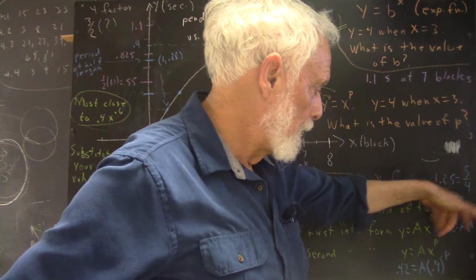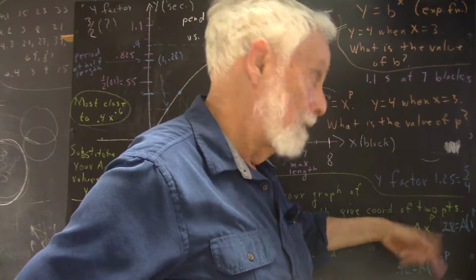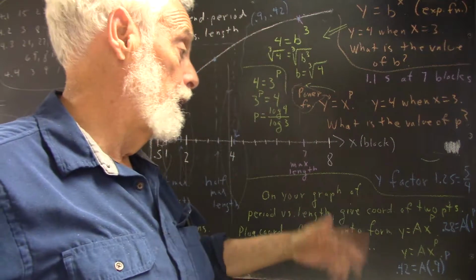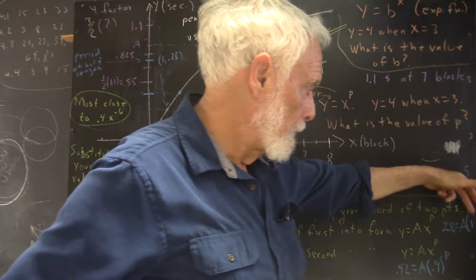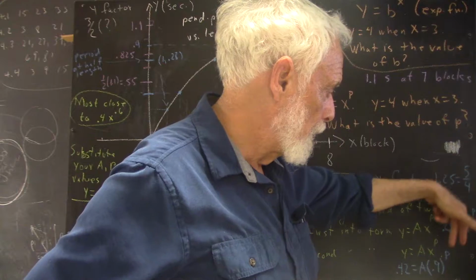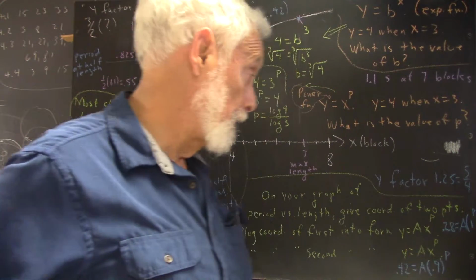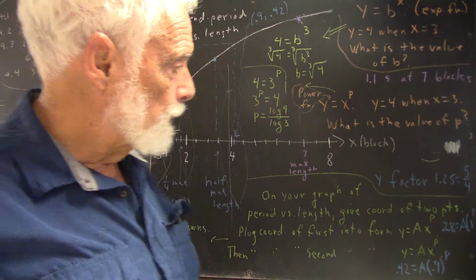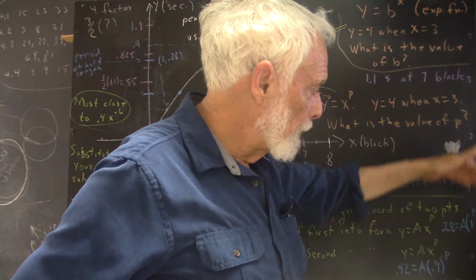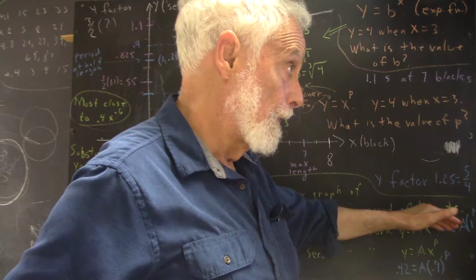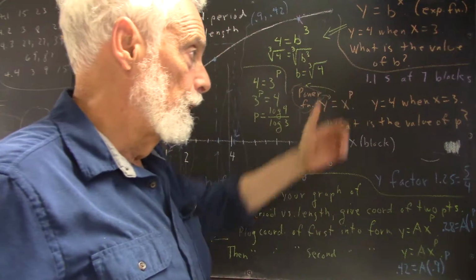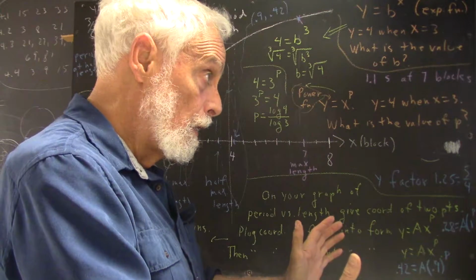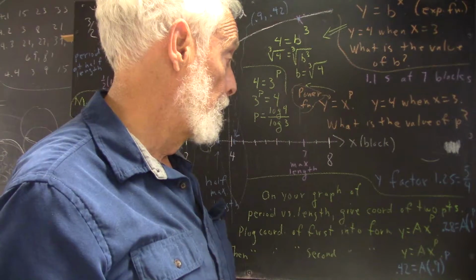If I divide this by this, the a is divided by a, giving us 1, and then that's multiplied by whatever this is to the p divided by whatever this is to the p. Of course, one number to the p divided by another number to the p is the first number divided by the second number, all raised to the p power.